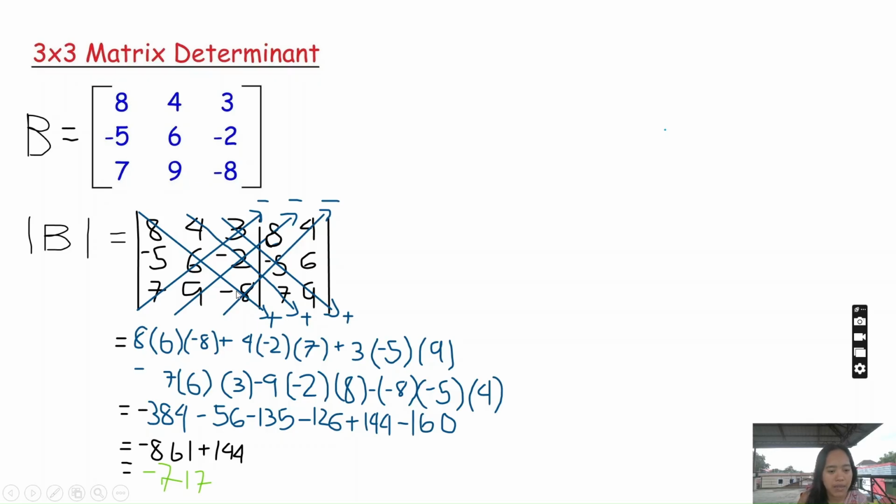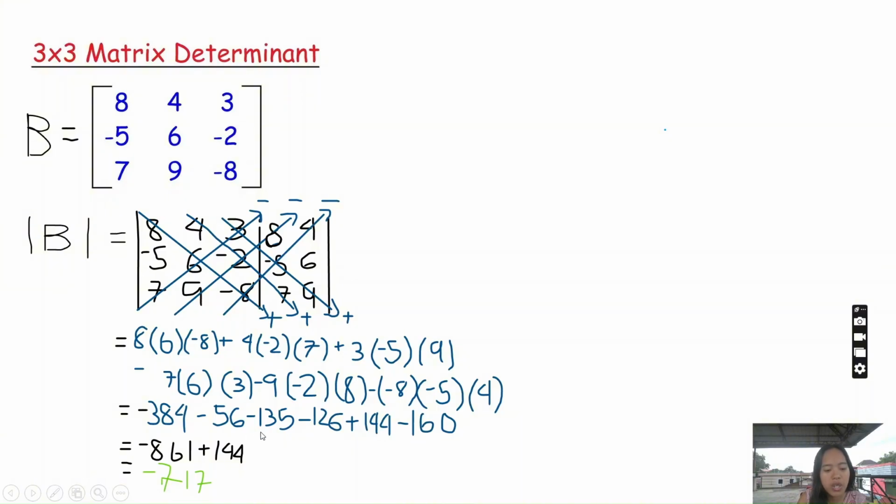So 8 times 6 times negative 8, plus 4 times negative 2 times 7, plus 3 times negative 5 times 9, and minus the other side: 7 times 6 times 3, minus 9 times negative 2 times 8, and then negative 8 times negative 5 times 4. Calculating this, we obtain negative 384 minus 56 minus 135 minus 126 plus 144 minus 160.